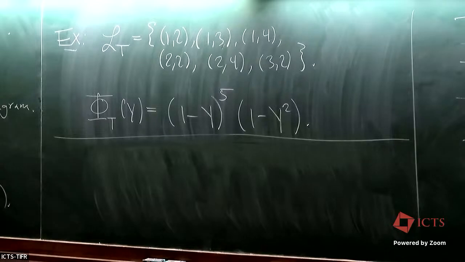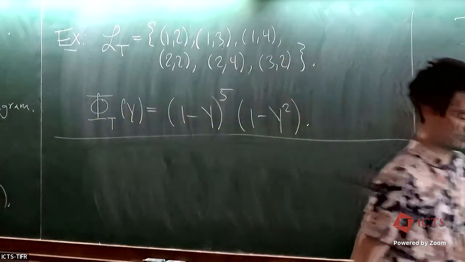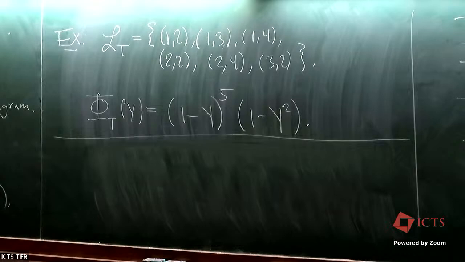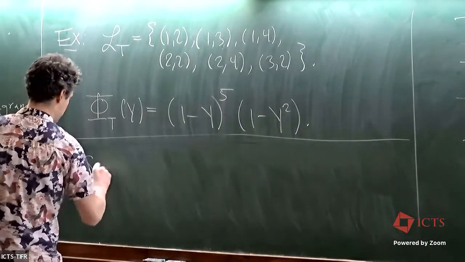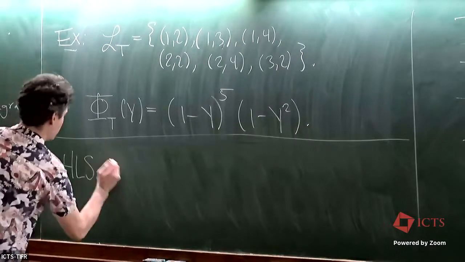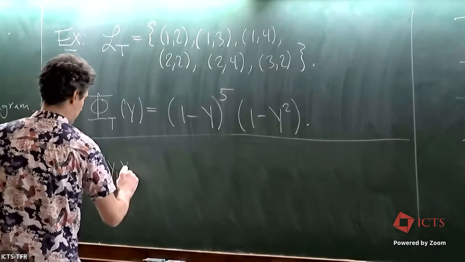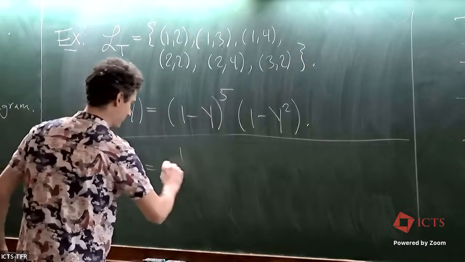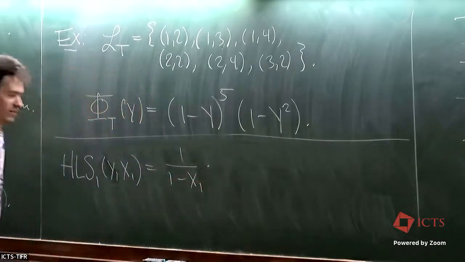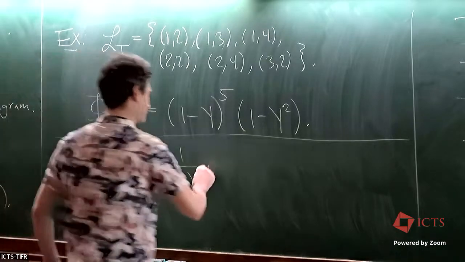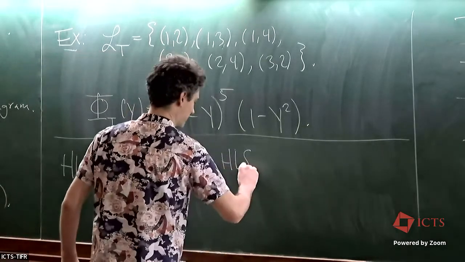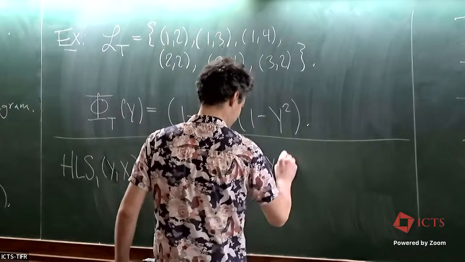Okay, let's take a look at HLS. We can look at HLS for at least n equals 1 and 2. I'll write those examples down. HLS 1, I guess it's in 2 variables. This is very simple. Nothing too complicated there. HLS 2 is also great. Well, actually, they're all great, but I'm biased.